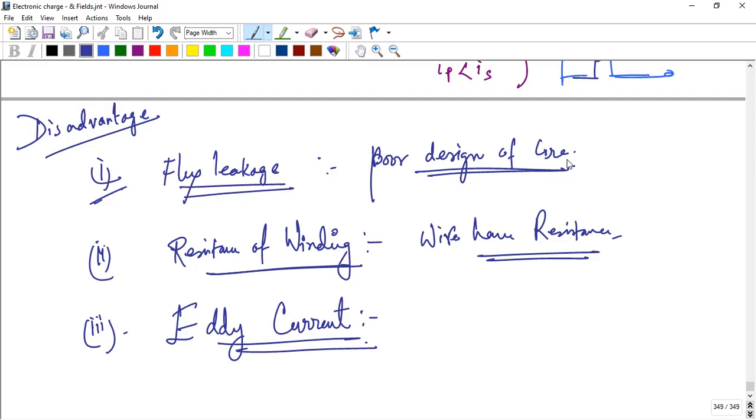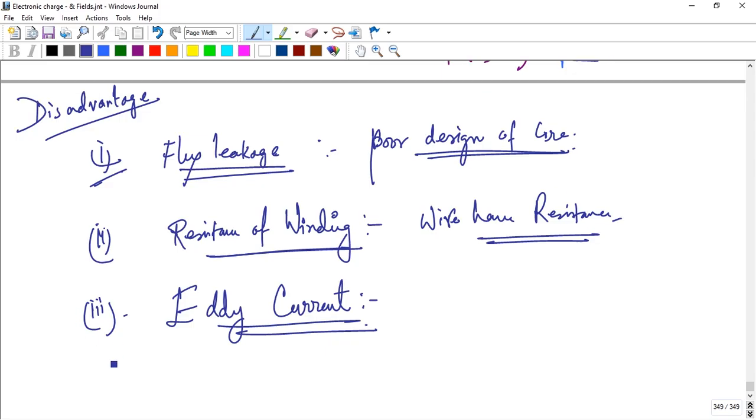And fourth, last, is hysteresis loss. So what is hysteresis loss? The magnetization of the core is repeatedly reversed by the alternating magnetic field.